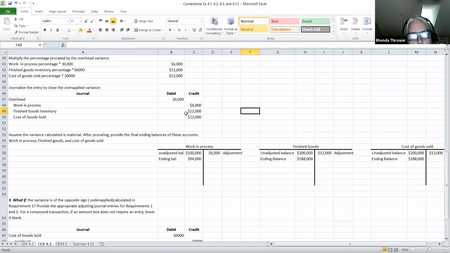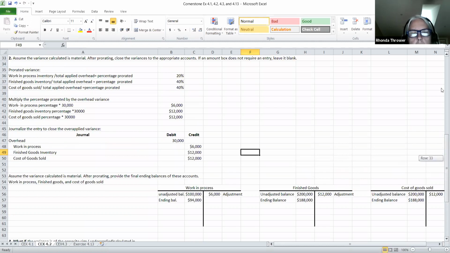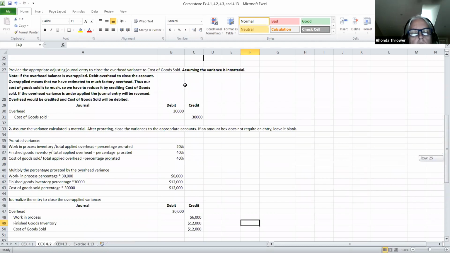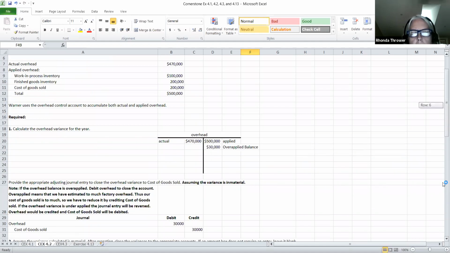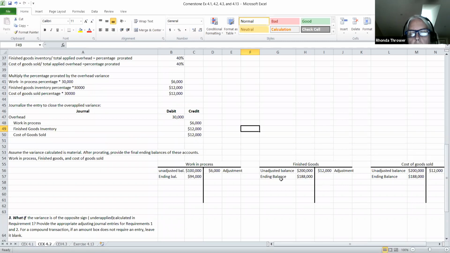So what I did basically in the next part, in order to balance these accounts, I just posted this journal entry. This was the balance before the adjustment that was given. The given amounts were right here. So you put in the balances before the adjustment first. Then this was the adjusting entry for that.